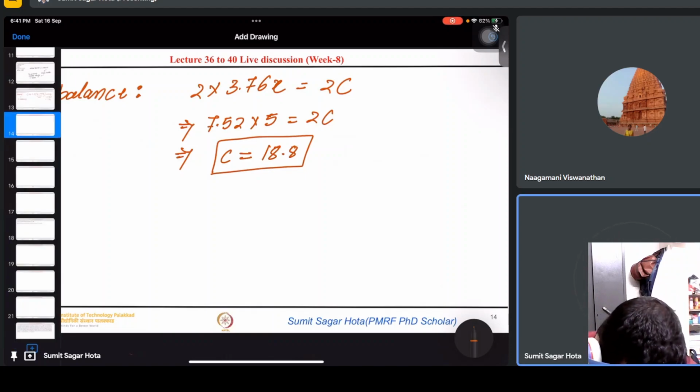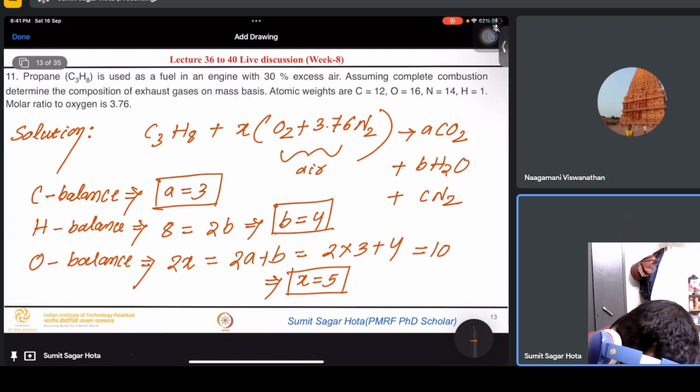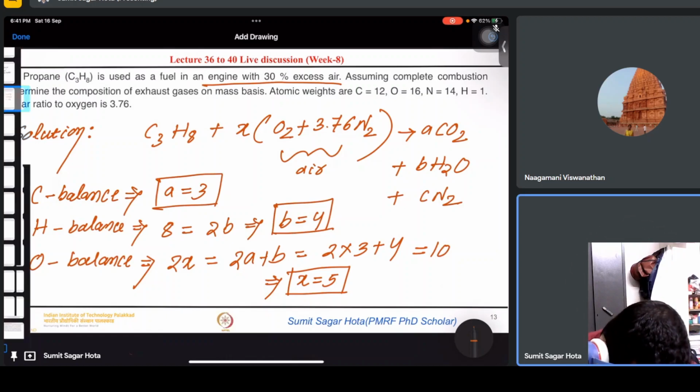Now next, it is mentioned in the question that 30% excess air is used. What does it mean?